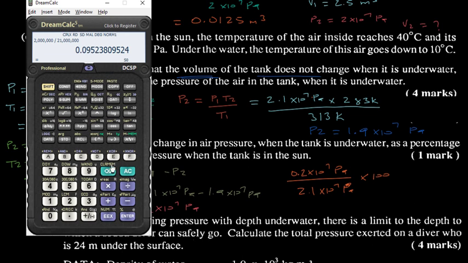We can multiply that by 100 now, and we're going to get 9.5%. So the difference in pressure is 9.5%, and that would be that question.